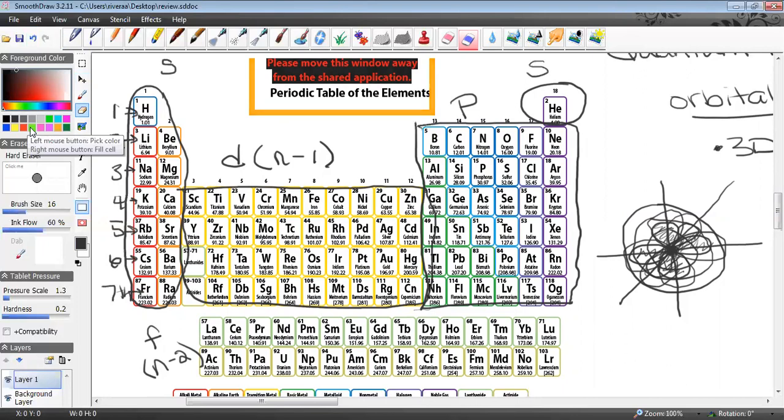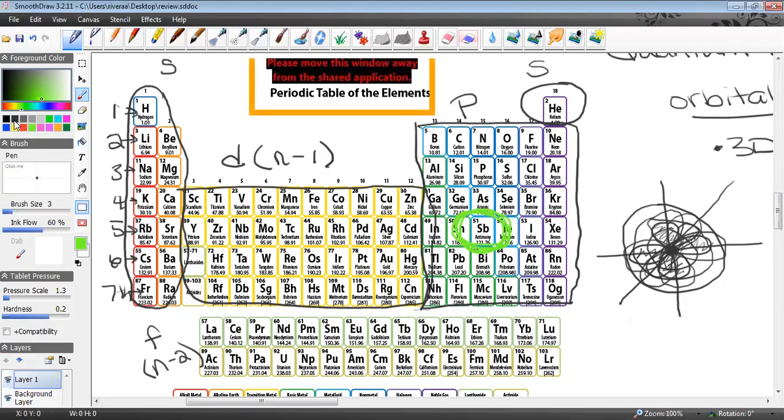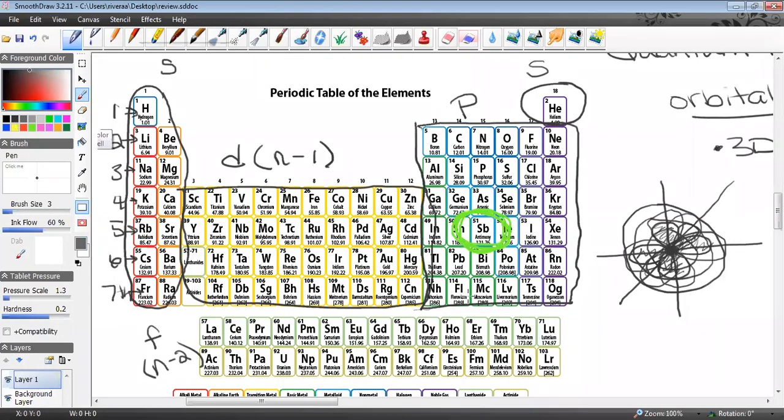One that's really annoying and far away. Let's do antimony, Sb. Okay, so this element, I shouldn't have used green here on the periodic table. All right, we want to write down where all 51 electrons are. That's a lot of electrons, okay? So let's do it. We can do it, I'm confident.